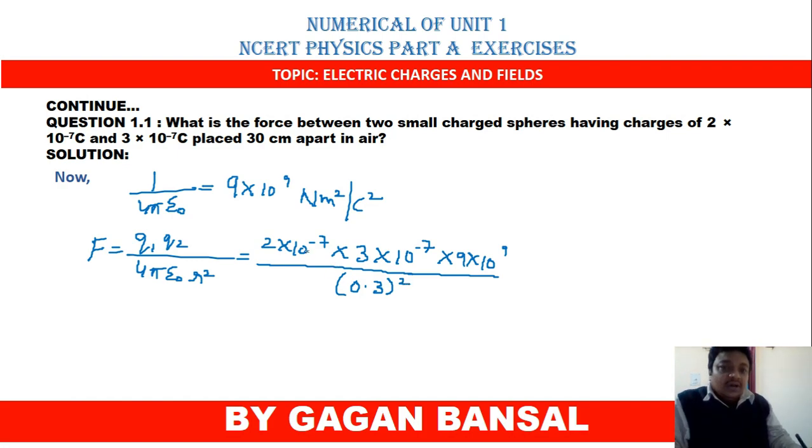So now you need to solve this, you can solve yourself. So finally you will get the answer as 6 into 10 raised to the power minus 3 Newton.